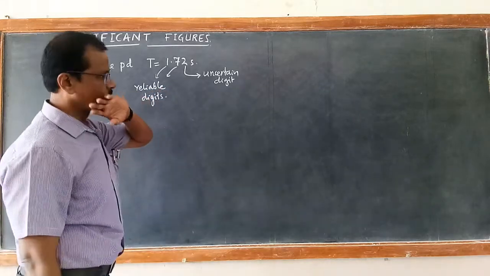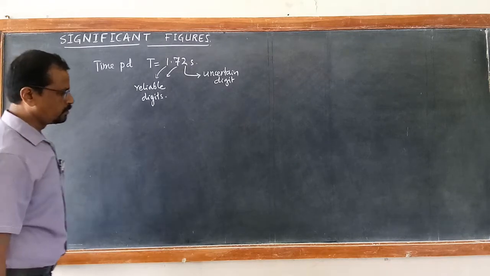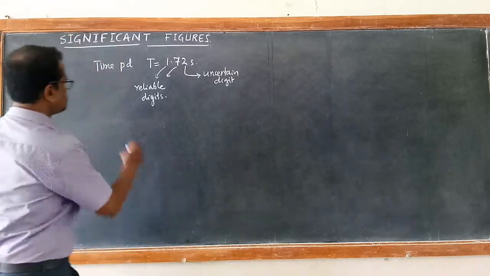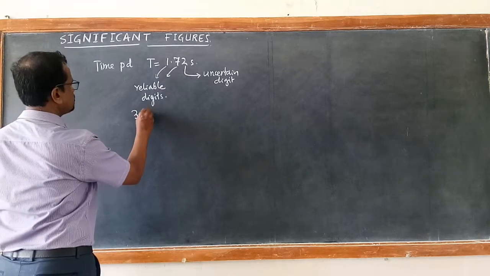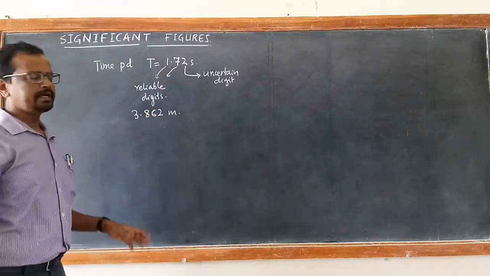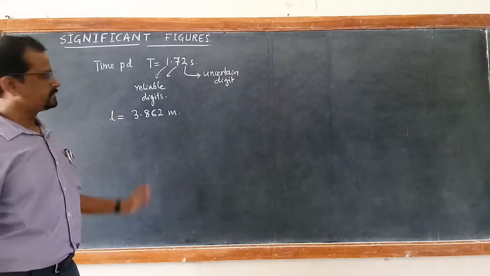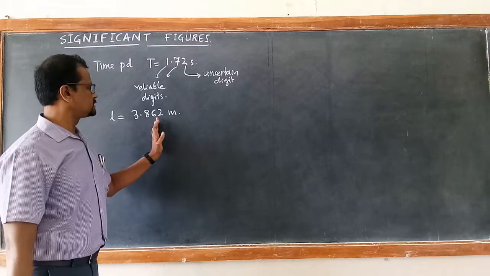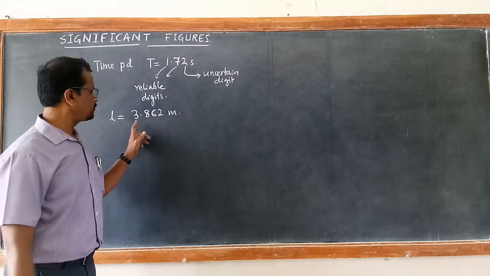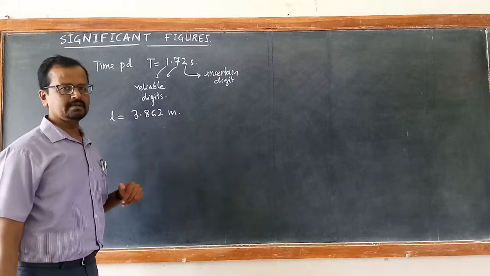Here is another example. Suppose we measure the length of this board. The length of the board is, let us say, 3.862 meter. Out of these, it has 1, 2, 3, 4 digits, 4 significant numbers.